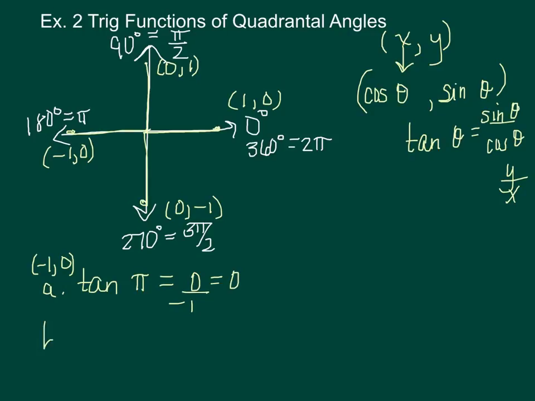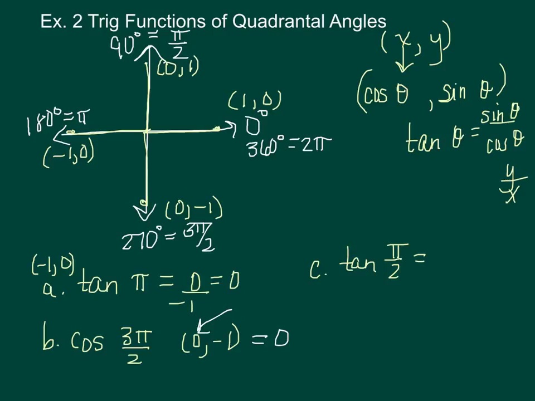Or if they ask you to find cosine of 3 pi over 2. Well, that ordered pair at 3 pi over 2 is 0, negative 1. Remember, cosine is the x. So that answer is also 0. Let's do tangent pi over 2.